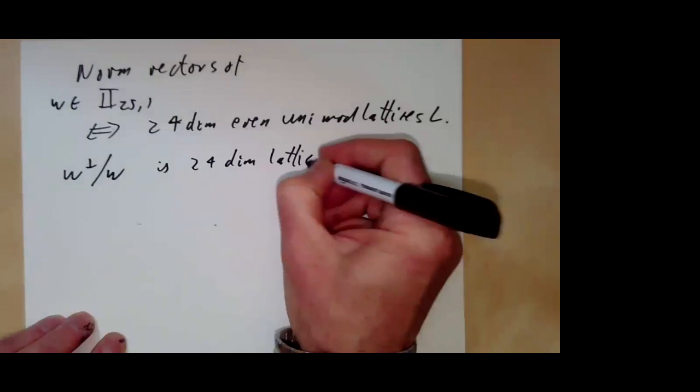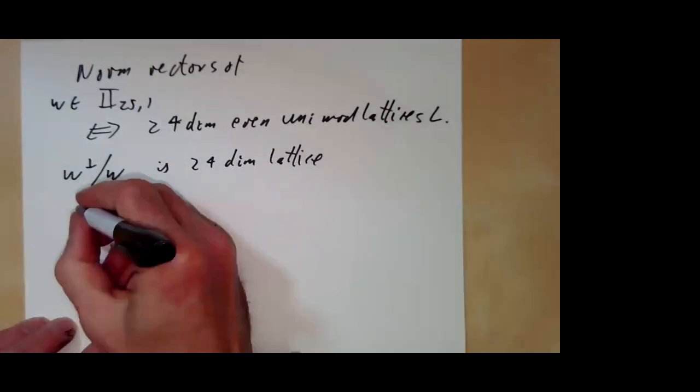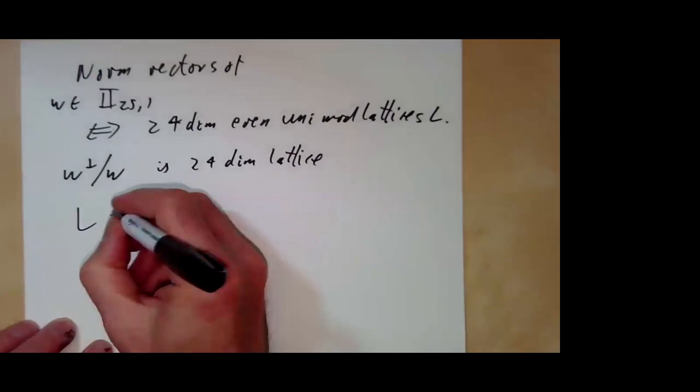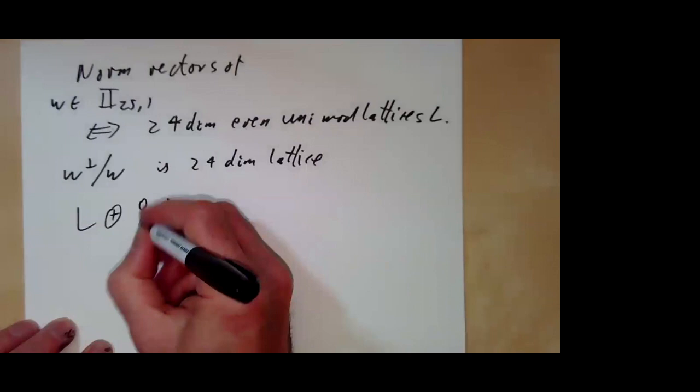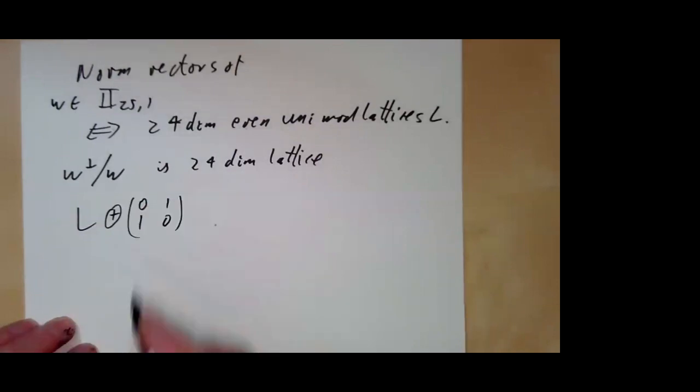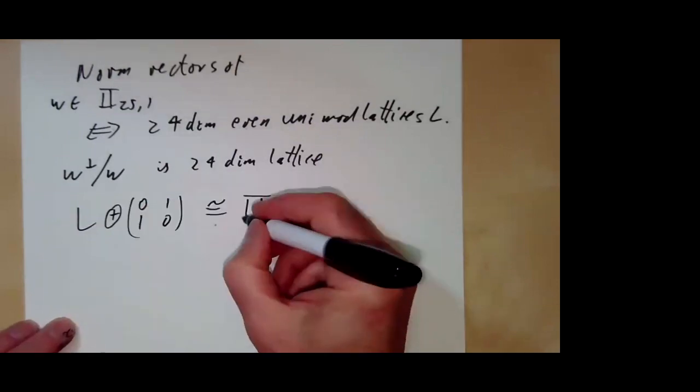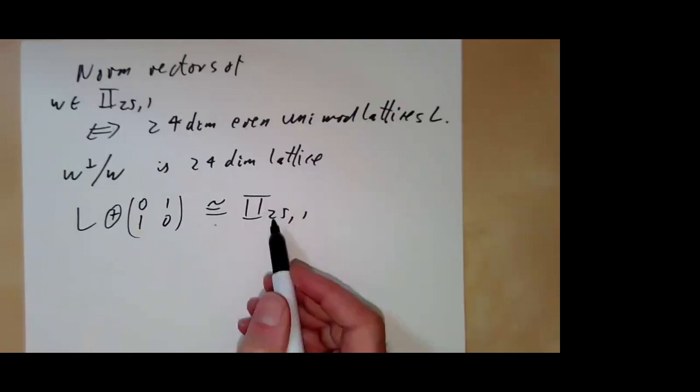On the other hand, if you've got an even unimodular lattice L, then you can take the direct sum of a little lattice with these inner products, and this is actually isomorphic to the even 26-dimensional unimodular Lorentzian lattice, because there is only one such lattice.